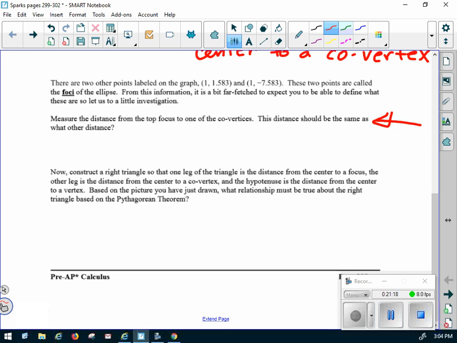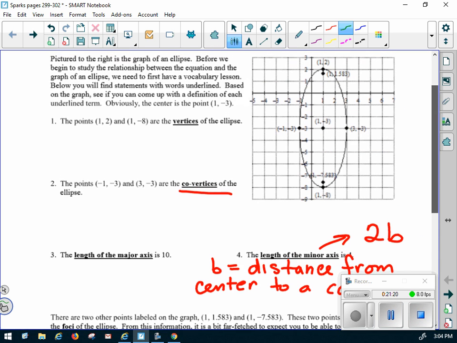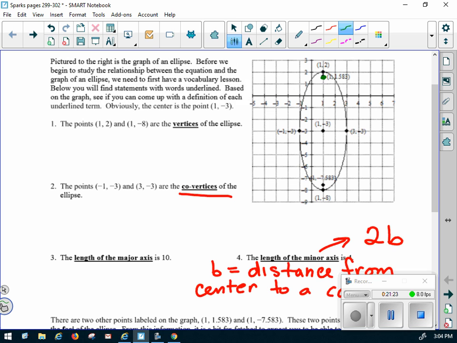The distance between here and here, diagonal. If you need to make a little mark on your ruler, feel free to do so.